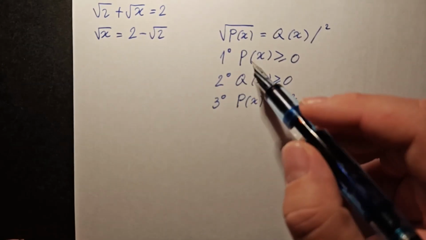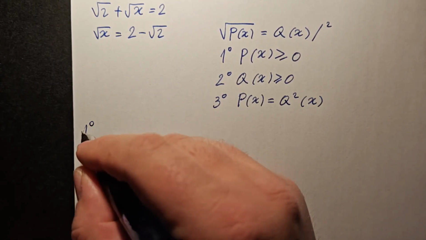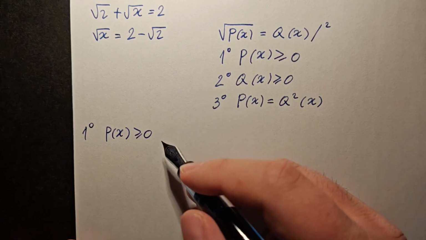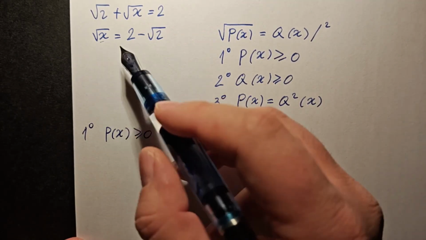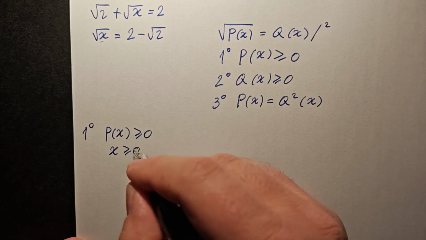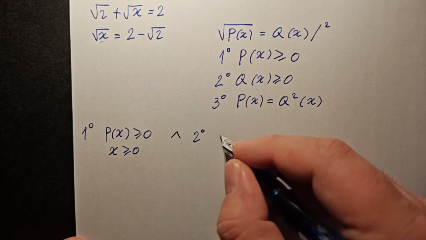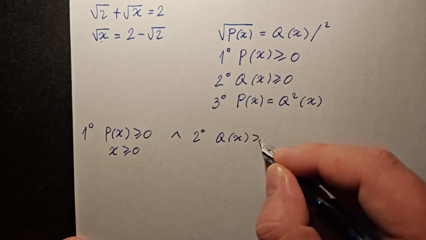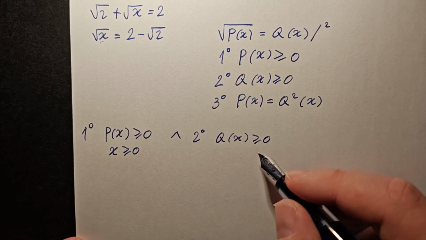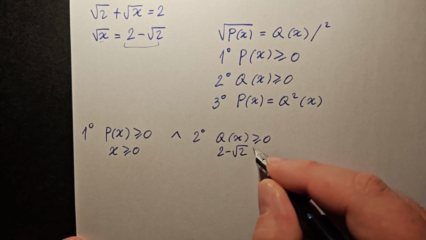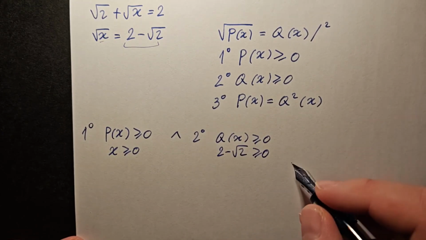So the first demand is p of x is larger or equal to 0, and in our equation that corresponds to x being larger or equal to 0. The second demand is that q of x has to be larger or equal to 0, and that demand is that 2 minus the square root of 2 is larger or equal to 0.